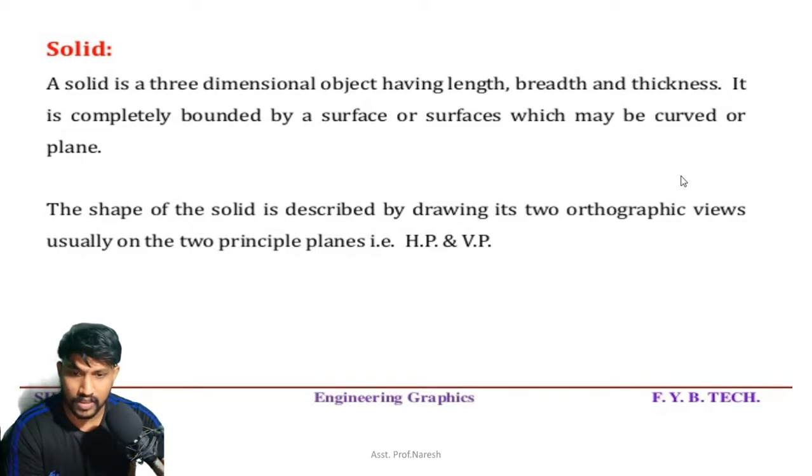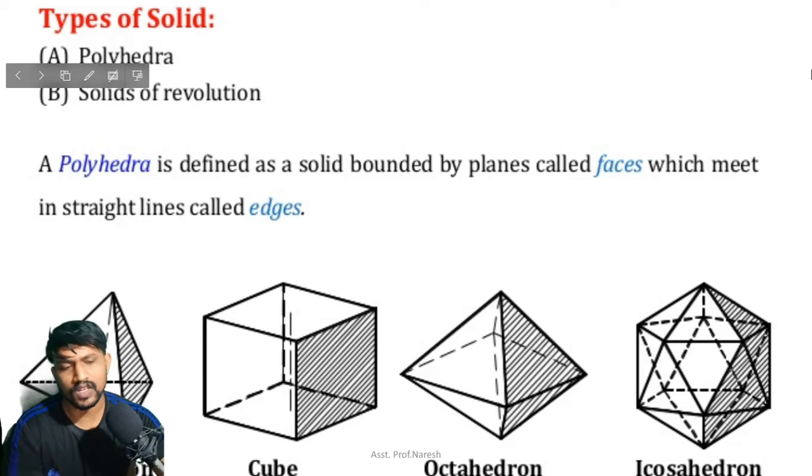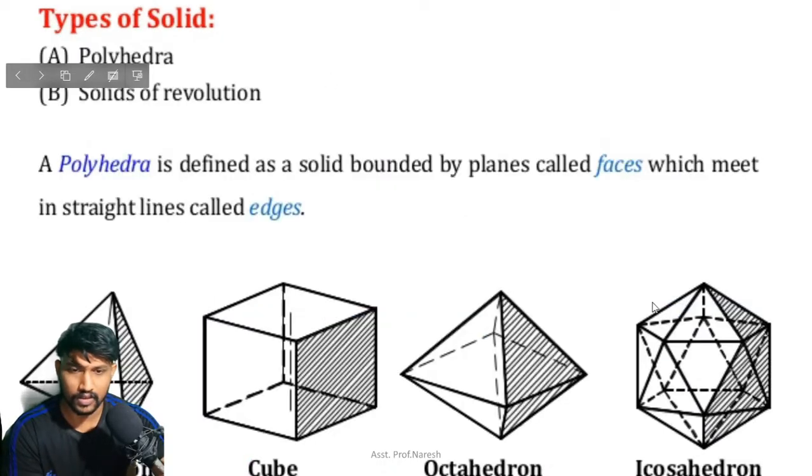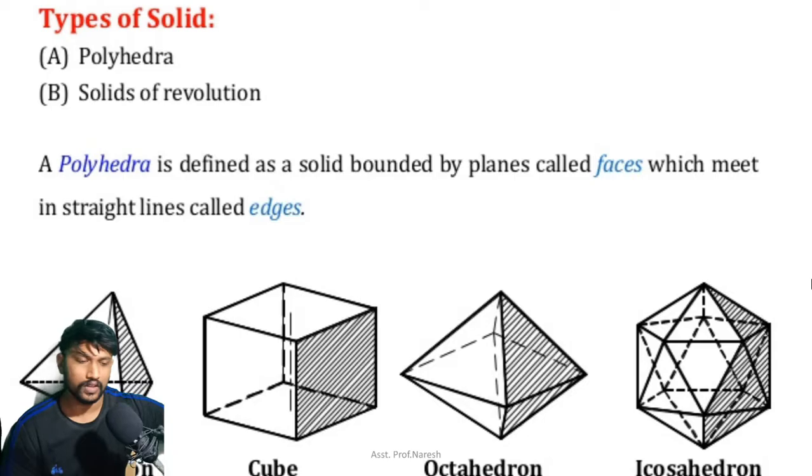Let me go to the next slide. These solids are of two different types: polyhedra and solids of revolution. Polyhedra have certain edges, which are straight lines, and certain faces.